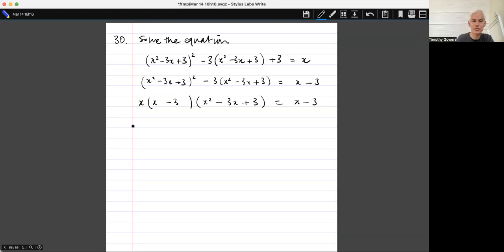So if x doesn't equal 3, then I have the equation x squared minus 3x plus 3 equals 1. Can I spot a solution to that? It doesn't feel very hopeful.